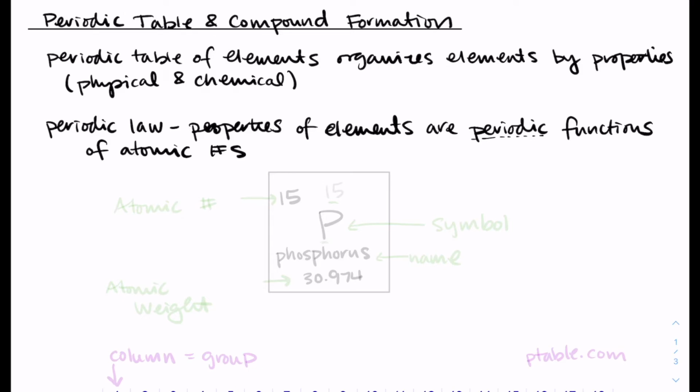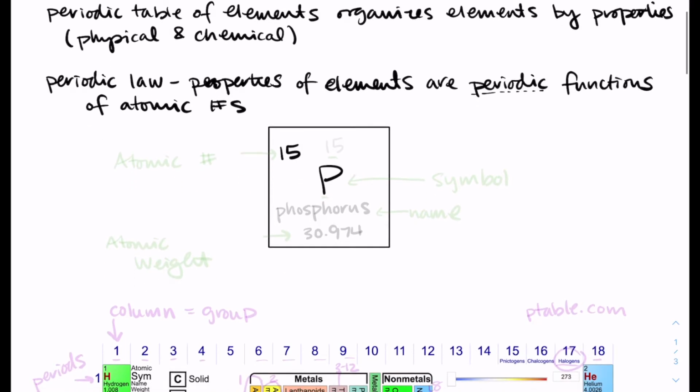When you look at an entry in the periodic table, so I have phosphorus here as an example, you will see the symbol, so P for phosphorus. If the periodic table is big enough, you'll see the name. So I have the name written here. Sometimes the name is left off because you can always look up the name based on the symbol. You will see the atomic number.